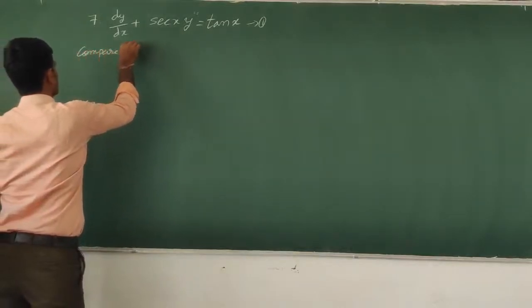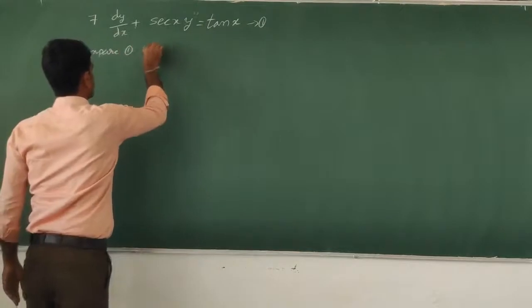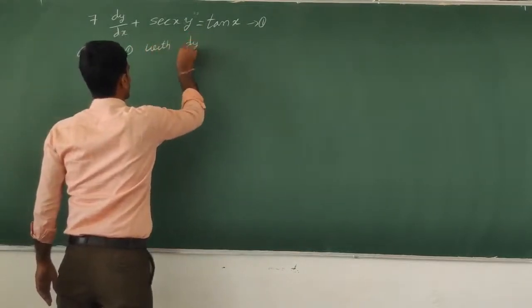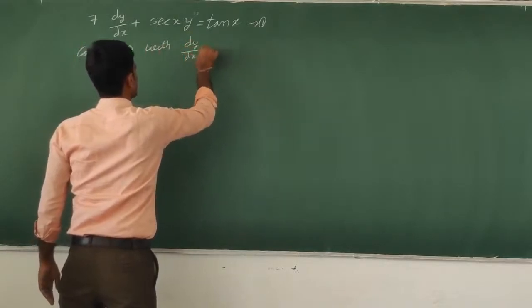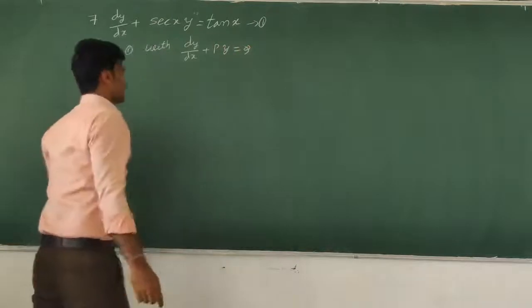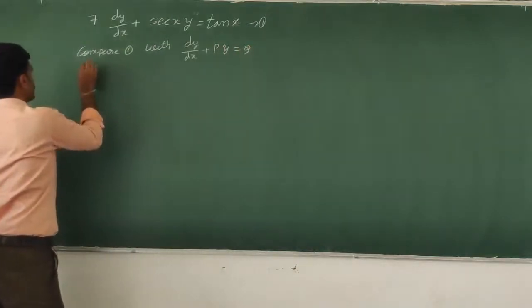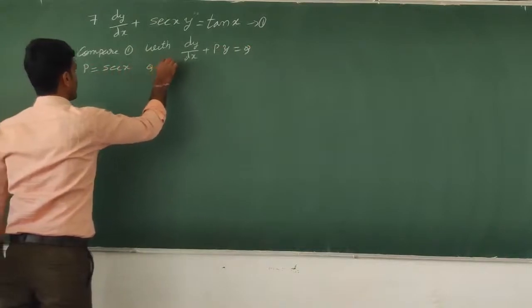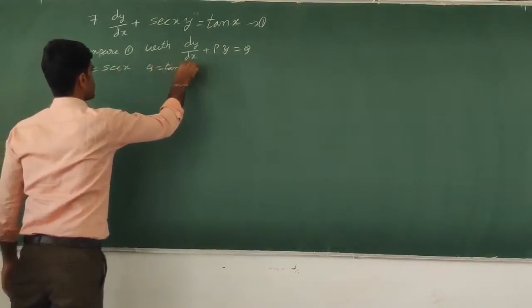Compare equation 1 with dy by dx plus p into y is equal to q. Then we have the value of p as secant x and the value of q as tan x.